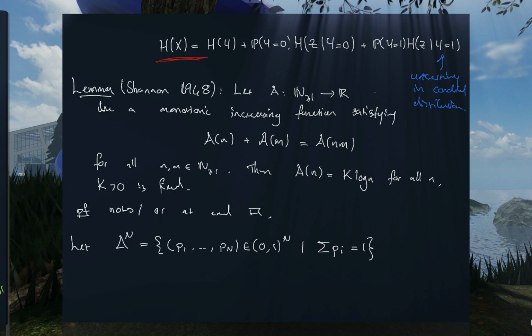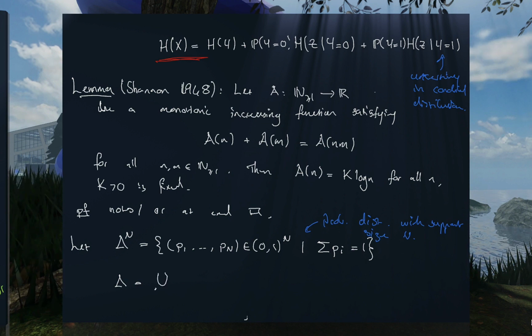I guess for n equals 1, the 1 can be 1, and in fact has to be. So this is the set of all probability distributions with support of size n, right? We're identifying these vectors with their probability distributions, and then we're going to think about all of these at the same time. So we take the union of all of these, and this is the set of probability distributions with finite support.